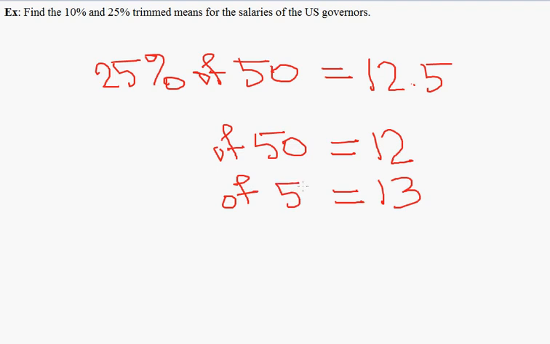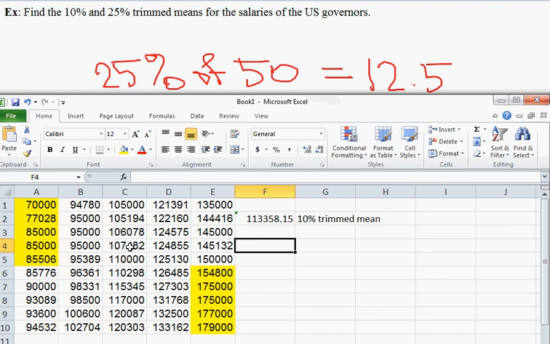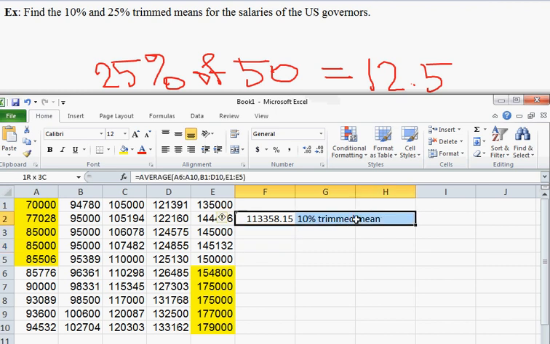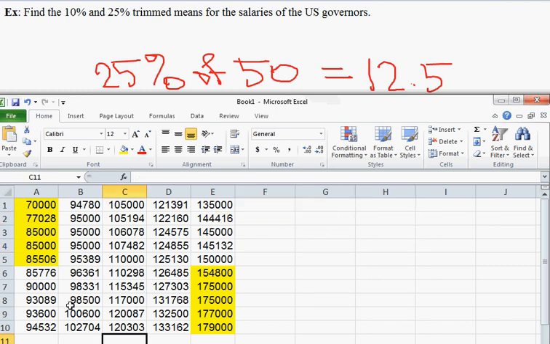So doing both of those, 12 is 24% of 50, while 13 is 26% of 50. So I will figure out the 24% and 26% trimmed means first. So for the 24% trimmed mean, I will eliminate the top 12 and bottom 12 numbers.